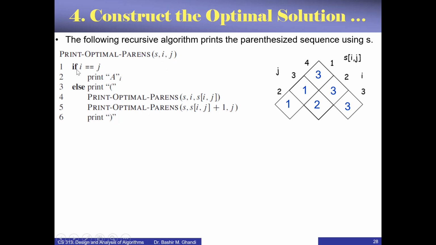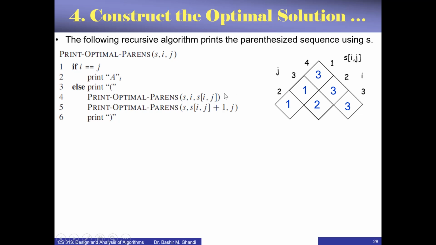If you notice, the algorithm says if i is equal to j, there is nothing to do, just print Ai. Otherwise, we do two recursive calls. What we are storing in S[i][j] is the k. If you come in with i to j, one call is from i to k, where we obtain k from the array: S[i][j] will give us the k.